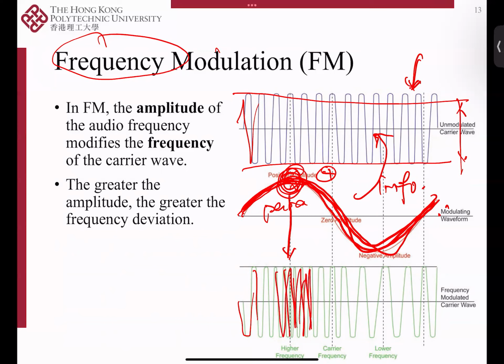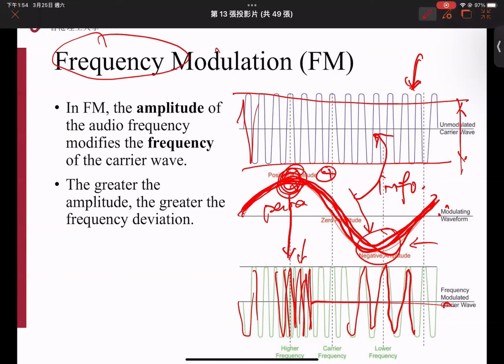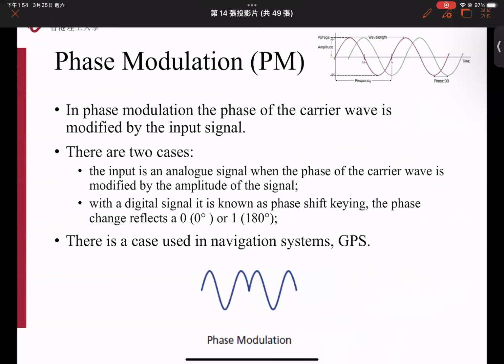They are closer to each other, so the frequency is higher. If we have a lower value, for example in here, then we have a lower frequency. We make this frequency a bit lower compared to the original. So that's one of them.